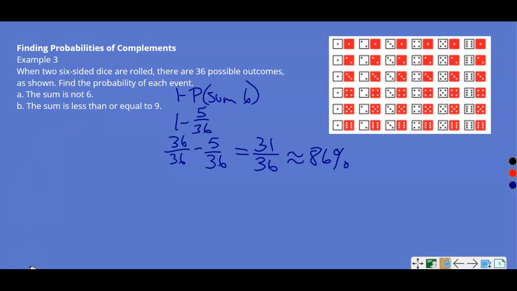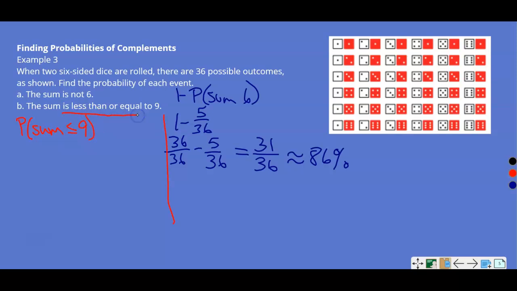B part, the sum is less than or equal to 9. All right, so I'm going to change to red. We want the probability of a sum less than or equal to 9.